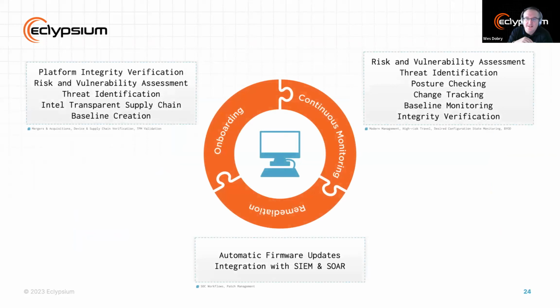And this really focuses on things like that onboarding side of things, understanding what the device looks like before you ever bring it into your organization, the continuous monitoring throughout the life cycle of the device from the time that you've brought it in to the time that you've retired it. And then lastly, the remediation side, which is integration with your existing workflows, as well as performing those firmware updates for you. So maintaining the firmware perspective throughout the entire organization.